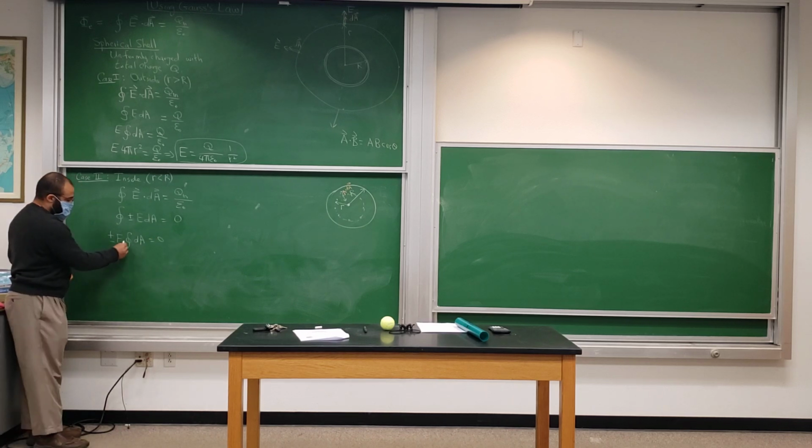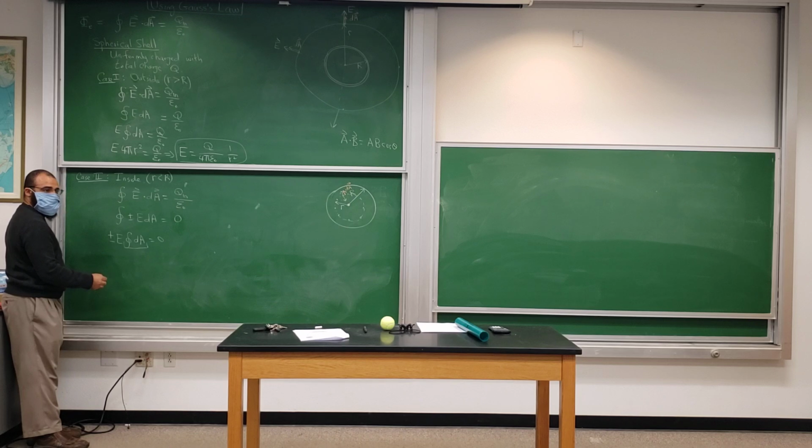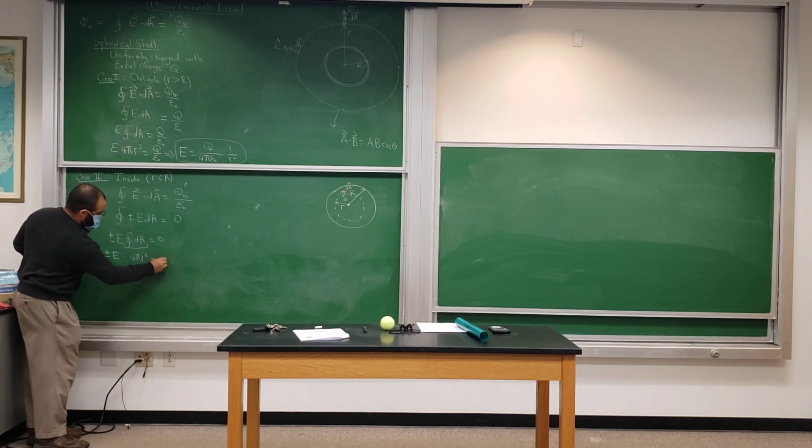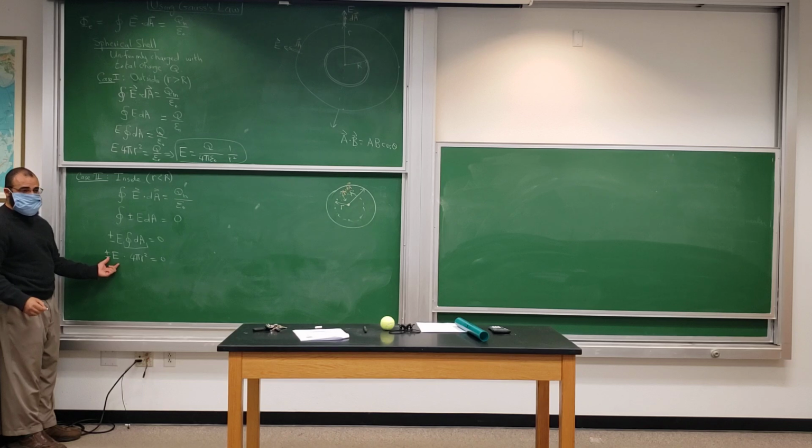The surface area of a sphere is 4 pi r squared, so I have plus or minus E times 4 pi r squared equals 0. Now you can conclude that E is 0, because 4 pi r squared is not 0, so it has to be E.